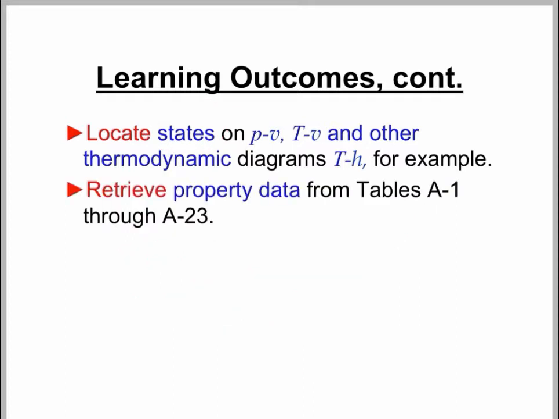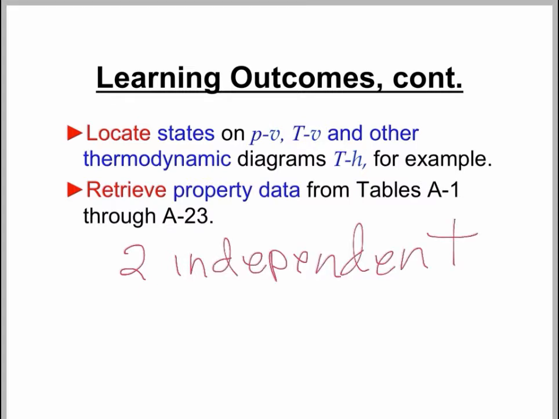As soon as you have two independent properties, you can determine all other properties, and they are already tabulated. So we can go through table A1 through table A3 of the Moran textbook and take a look at any given temperature and pressure, and it would tell you what the other values are, or temperature and specific volume.